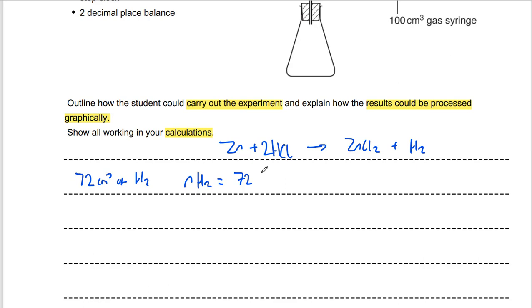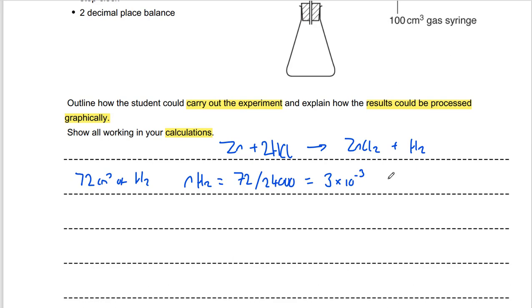Therefore, to work out the moles of H2, we simply divide by 24,000, and we get 3 times 10 to the minus 3. Nice and straightforward. That's how many moles of H2 we've got.